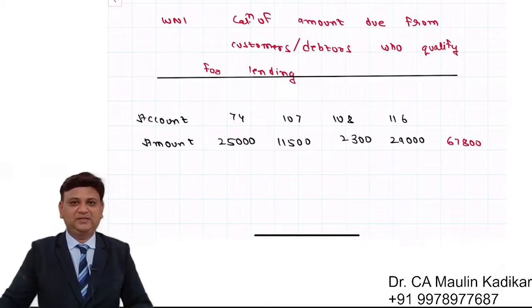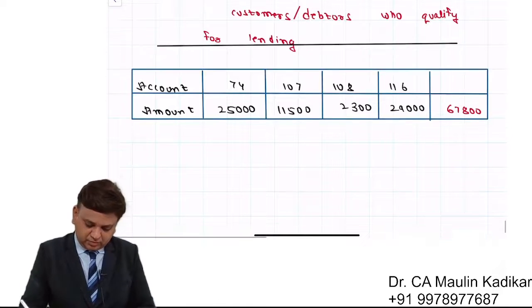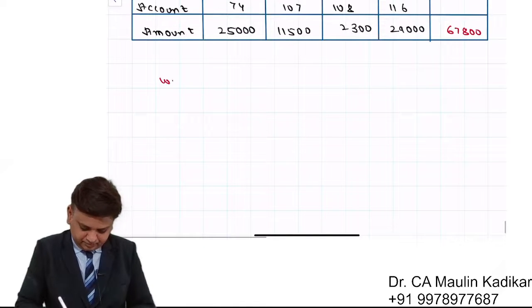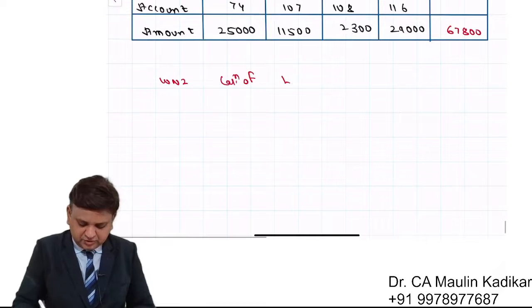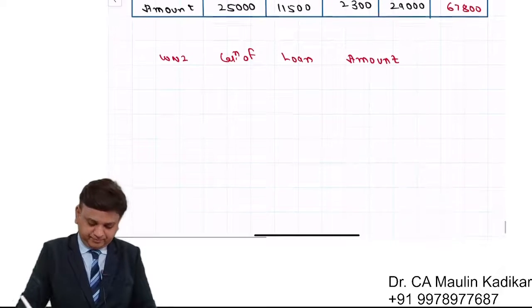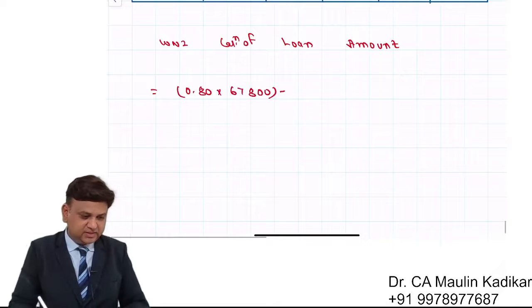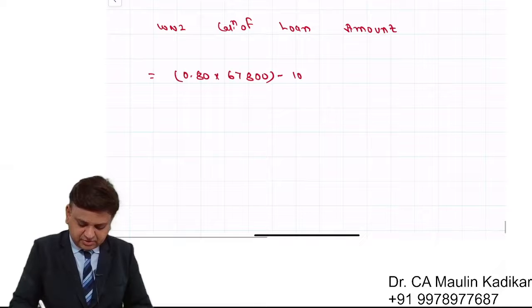Please write down the answer. Working note number 2. Calculation of loan amount. In that, write down 80% into 67,800 minus 10%.